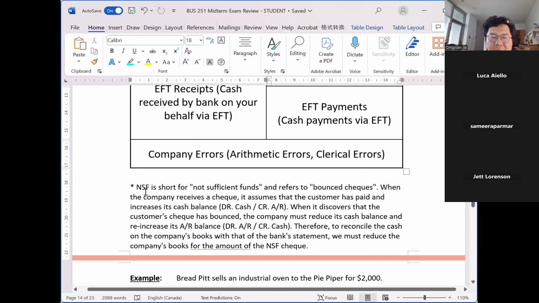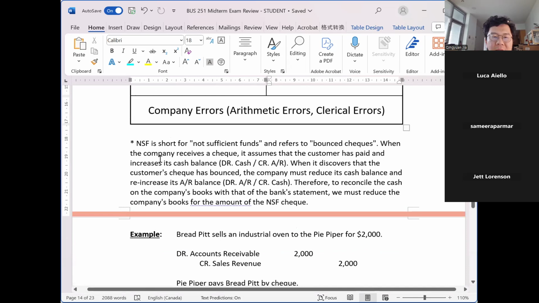And this NSF has a more detailed explanation. NSF is short for non-sufficient funds and refers to bounced checks. When the company receives the check, it assumes that the customer has paid and increases its cash balance. Normally, it will debit cash and credit account receivable. When it discovers that the customer check has bounced, the company must reduce its cash balance and re-increase its account receivable balance.